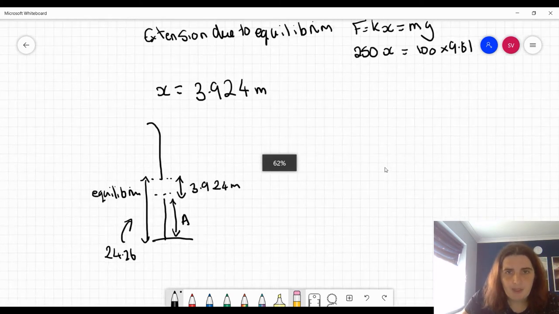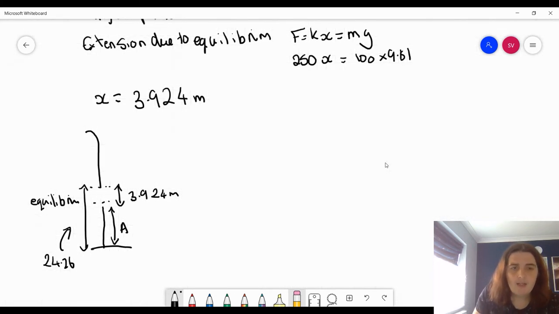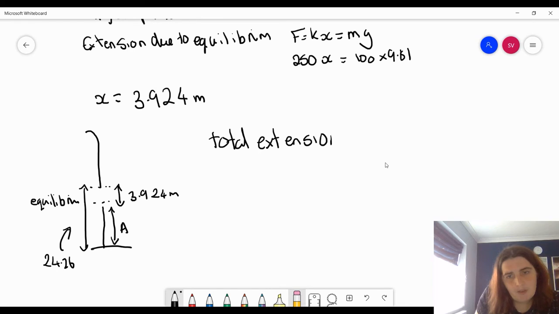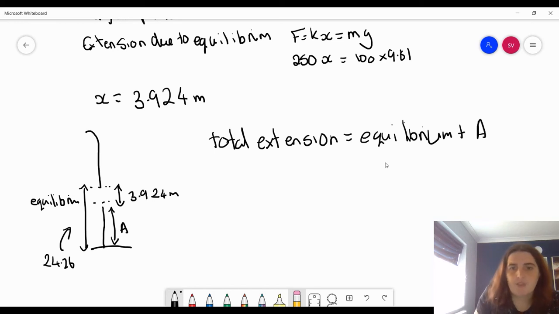Let's just zoom out a little bit. If I look at the total extension, that equals the equilibrium plus the amplitude. So I've got 24.26 equals 3.924 plus the amplitude.